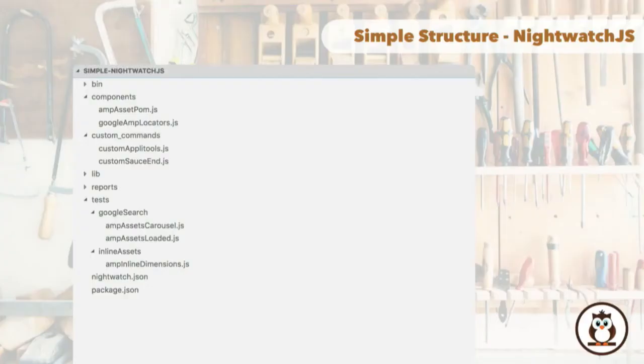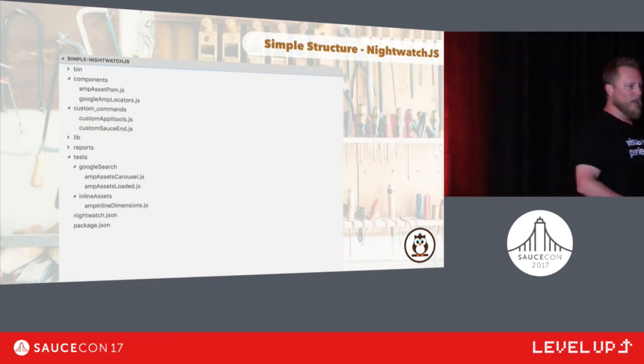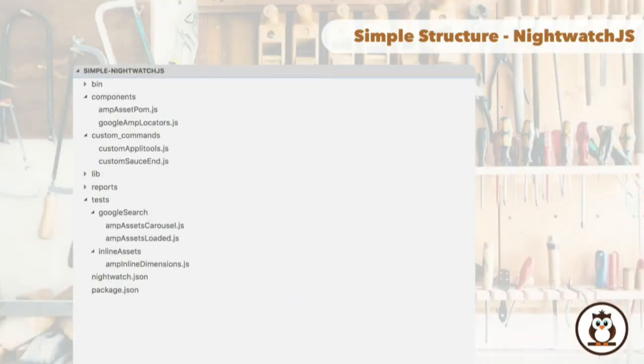So to walk through a few examples of one of the frameworks we're using, Nightwatch. A simple approach is that it could be a standalone repo. It's not organized with your application code, but then during continuous integration, it's pulled in to run. It may be easier to create this folder structure.